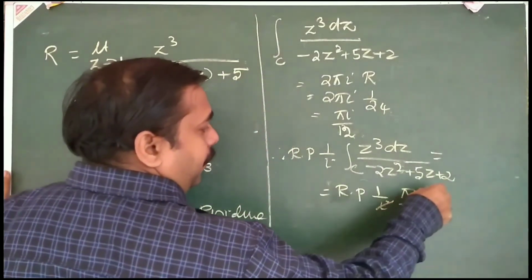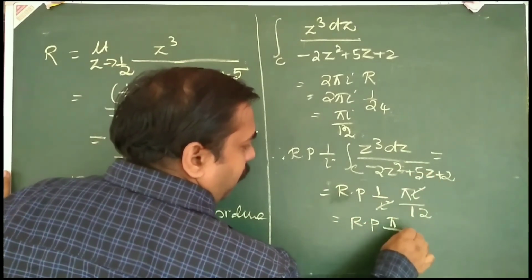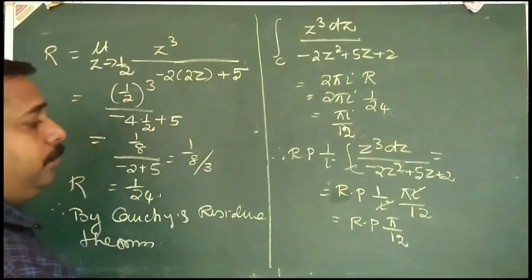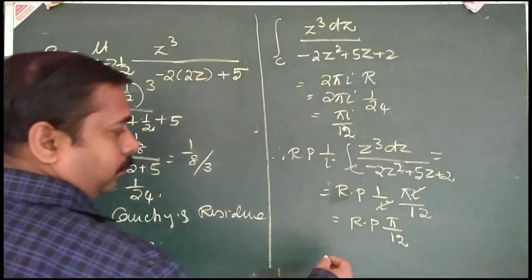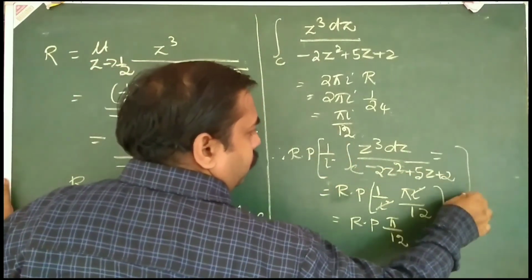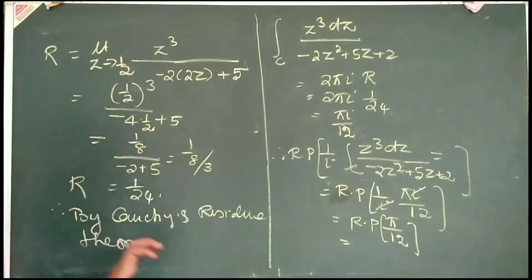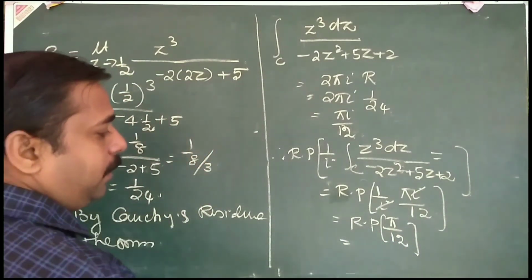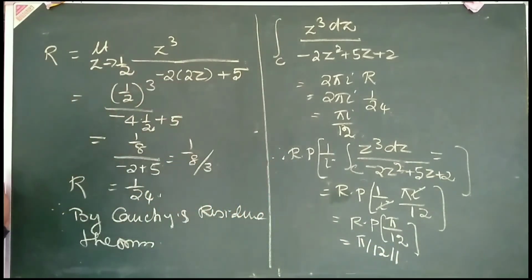So this i cancels. That is the real part of pi by 12. But this contains no imaginary part. Therefore, the answer is pi by 12 only.